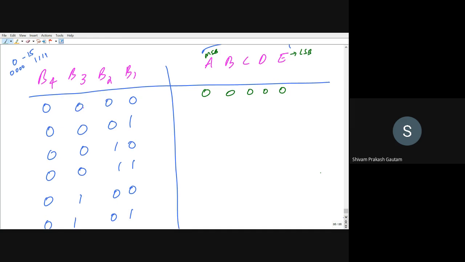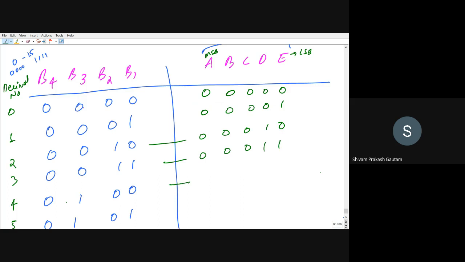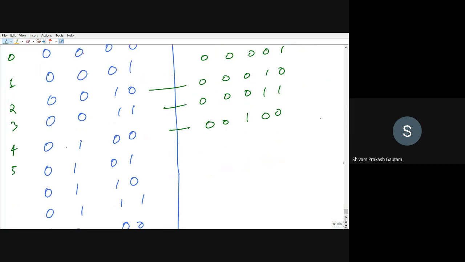And 1 can be represented by 0 0 0 0 1. 2 can be represented by 0 0 0 1 0. 3 can be represented by 0 0 0 1 1. 4 can be represented as 0 0 1 0 0, same as binary. 5 also can be represented same as binary, that is 0 0 1 0 1.